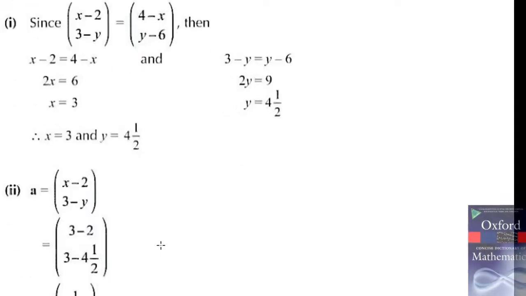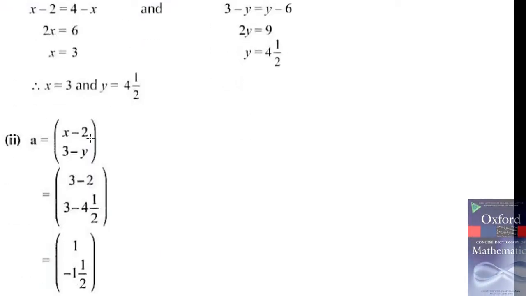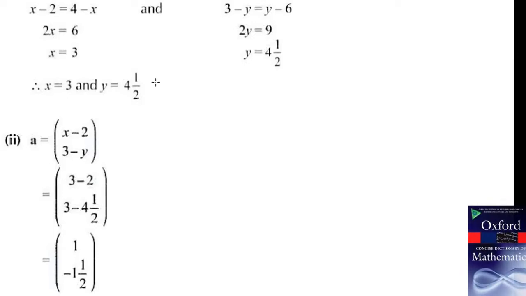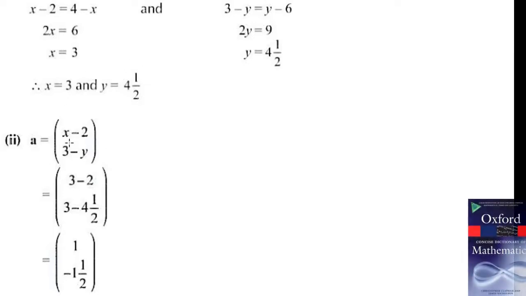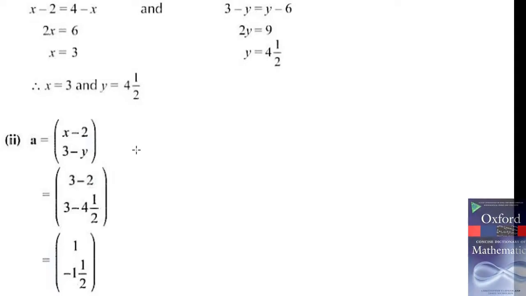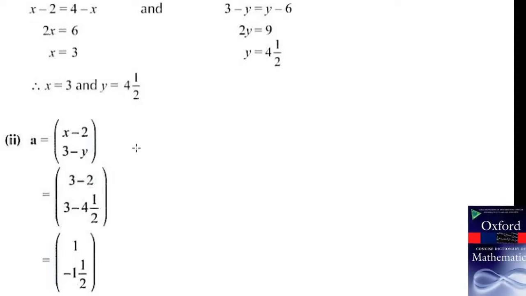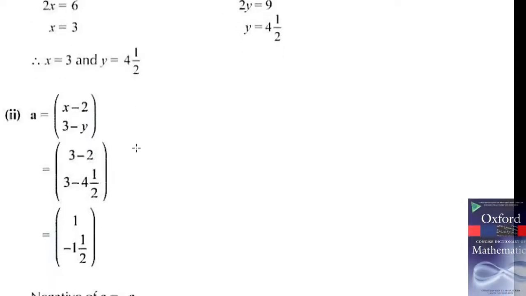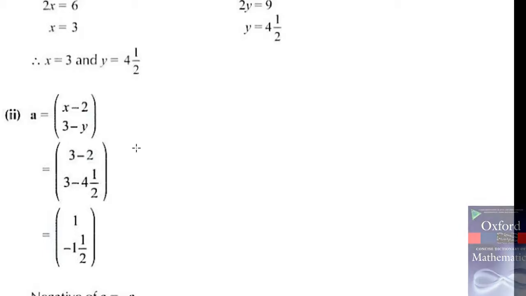Now the second part. We put the values of x and y into A, then we find the original vector A in which x and y are not included, because the values of x and y are already solved.